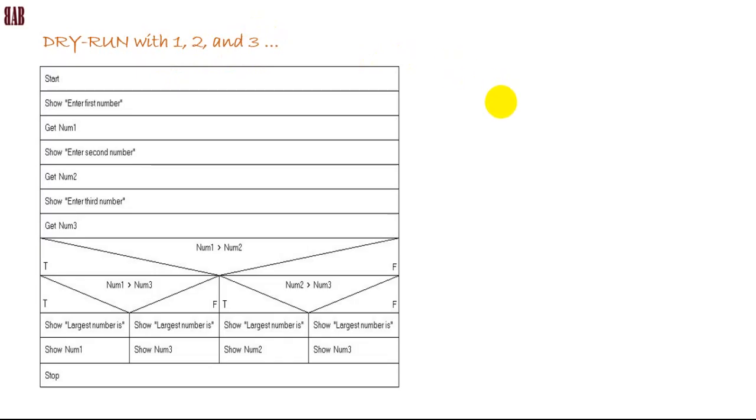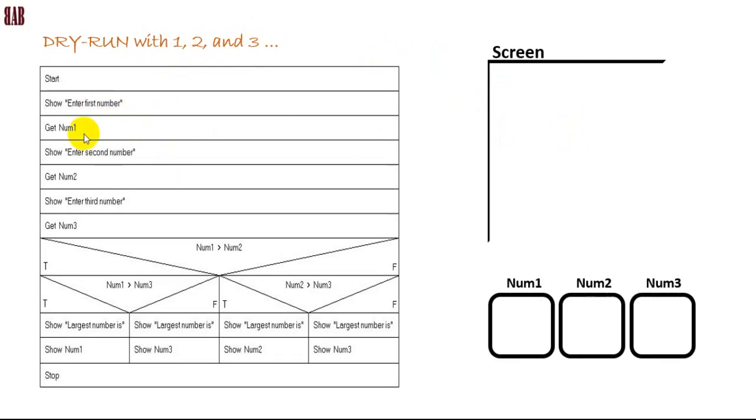Right. Let's start. Before we dry run, as usual, we need the screen for the show and the get. And we need the variables. We actually have num1, num2, and num3, three variables, so we have those three variable boxes. And once again reminding you, the screen is the only thing that is visible to the user.